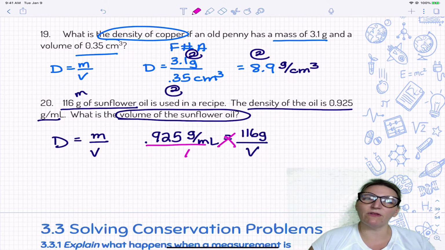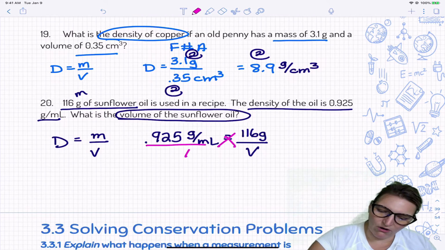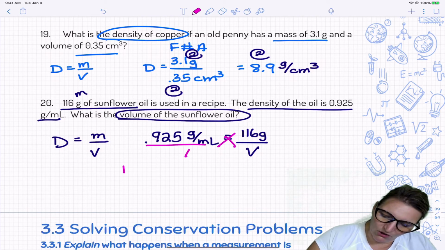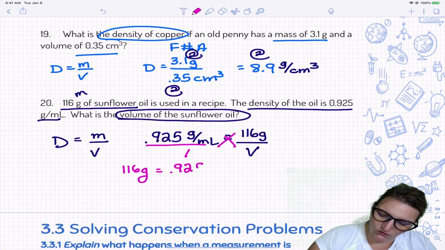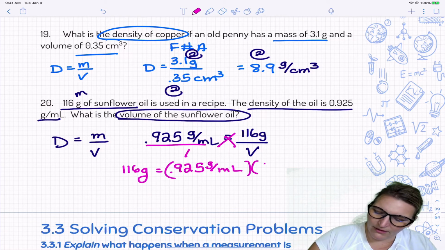And if you get rid of the fraction, the algebra comes a lot easier. So I put the density over 1, and now I'm going to cross multiply just like that. So 116 grams equals 0.925 grams per milliliter times the volume.